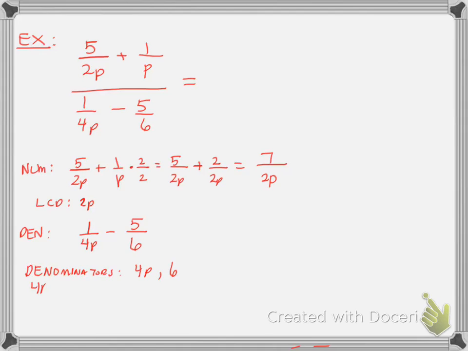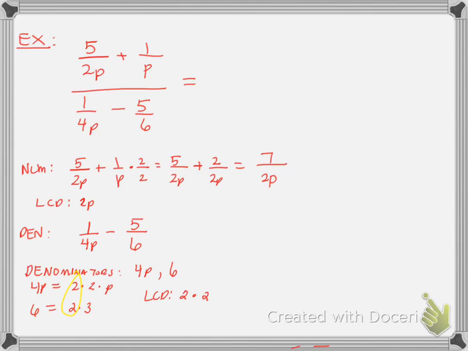So if we take 4p, that's 2 times 2 times p, that's its prime factorization, and for 6, it's 2 times 3. So then the LCD, because we don't include any repeats because we're looking for the least common denominator, they both have a 2, so we just bring over 1, 2. And then this one has another 2, because we're looking distinctly.